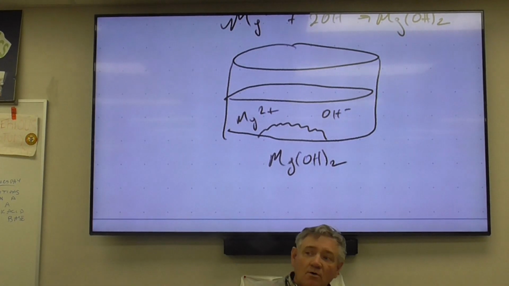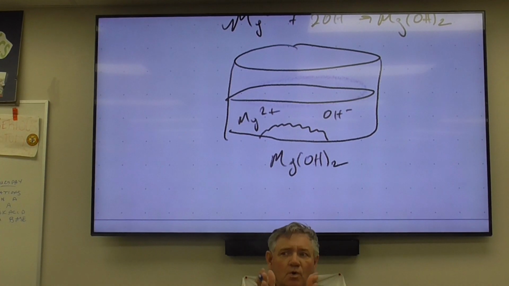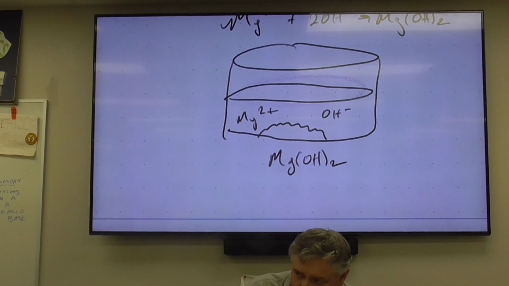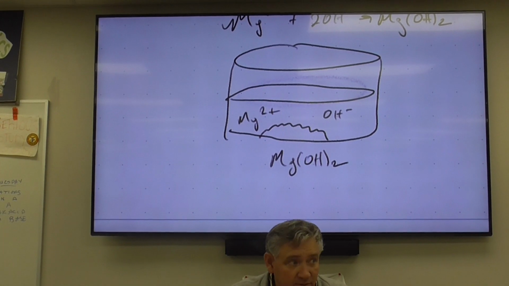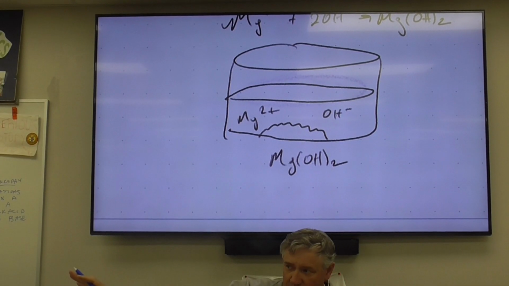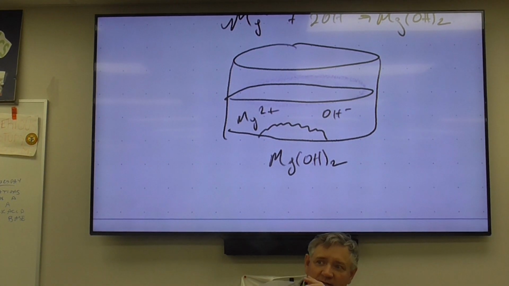This solution up here can only hold a certain number of ions. That's it. If it exceeds that value, Mother Nature goes, I can't handle you as ions, you've got to sit down.